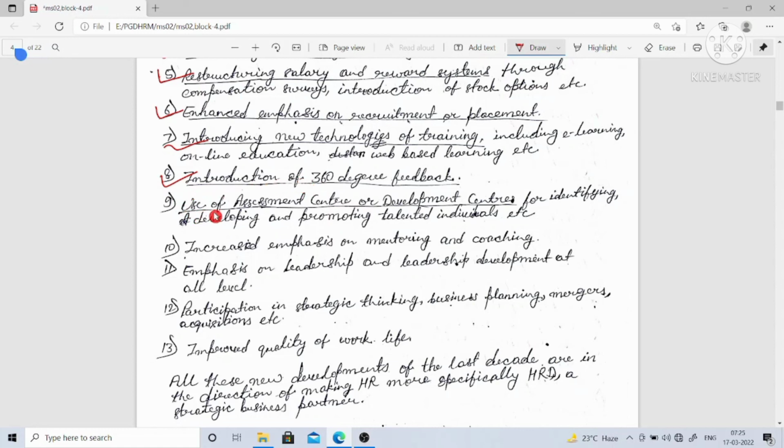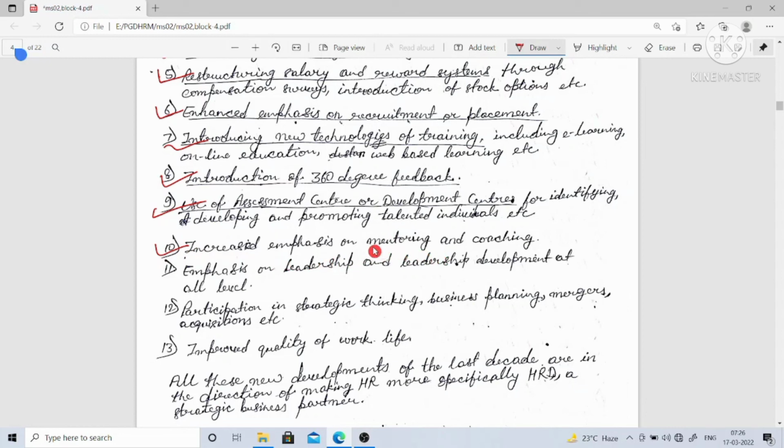Ninth, use of assessment centers or development centers for identifying, developing and promoting talented individuals. So nowadays human resource development departments are using assessment centers or development centers for identifying, developing and promoting talented individuals. 10th given, increased emphasis on mentoring and coaching.